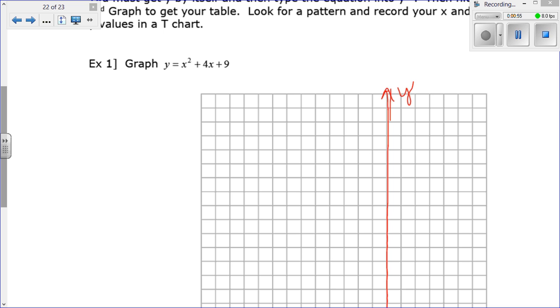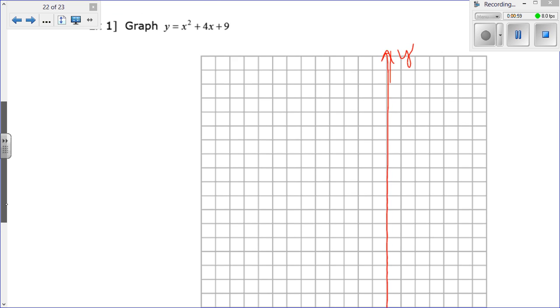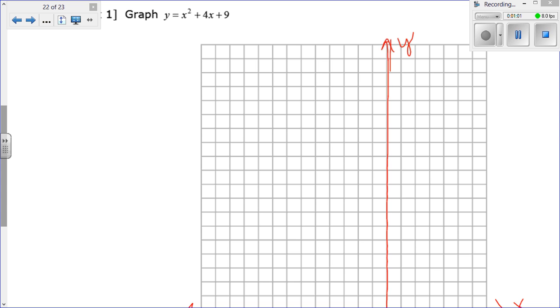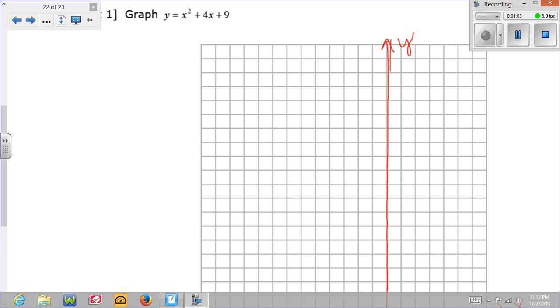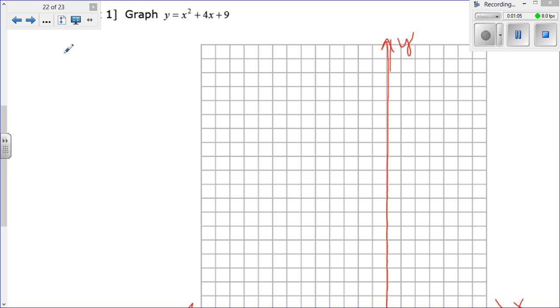So I put y equals x squared plus 4x plus 9 into my calculator, and I got this from my chart. I have my x and my y: -5, -4, -3, -2, -1, 0, and 1.